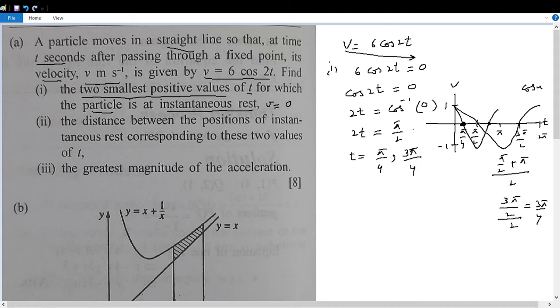So these are the two positive values of t when the particle is instantaneously at rest.